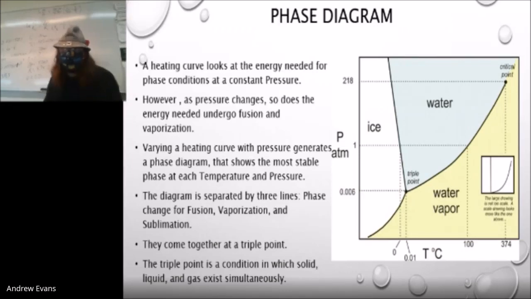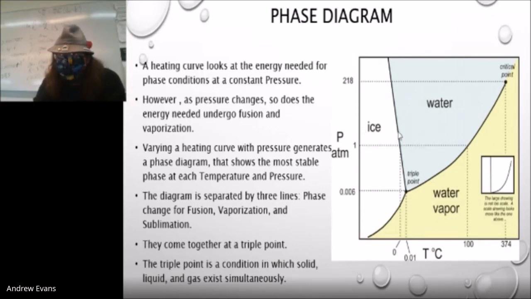This looks at how the pressure and temperature changes are occurring. As I said, when you hit this line, you don't see that same plateau, but it's still occurring.